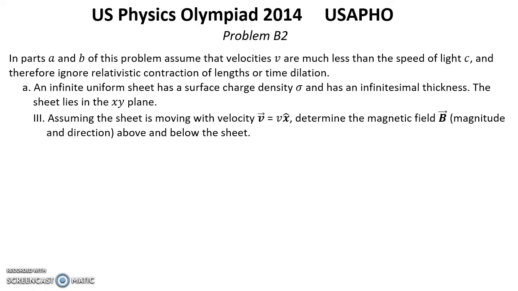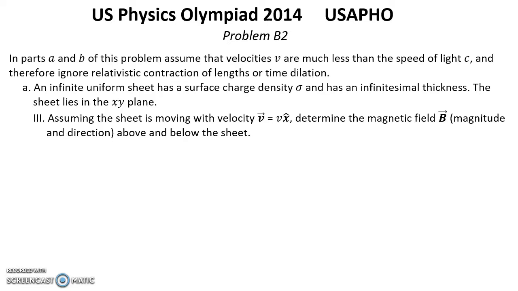Solution. Assuming that v is greater than 0, the right-hand rule indicates there is a magnetic field in the negative y direction for z greater than 0, and in the positive y direction for z less than 0.